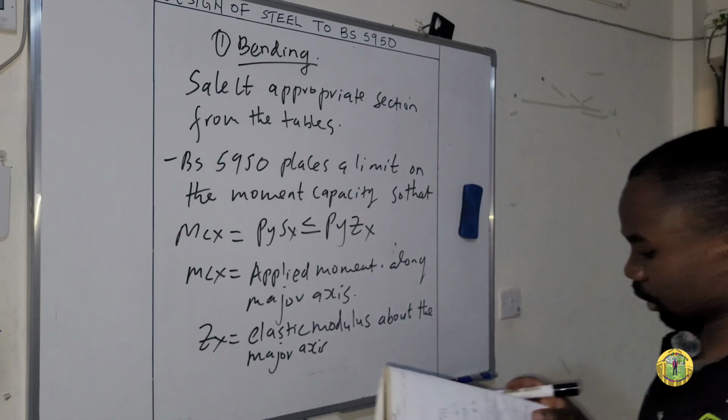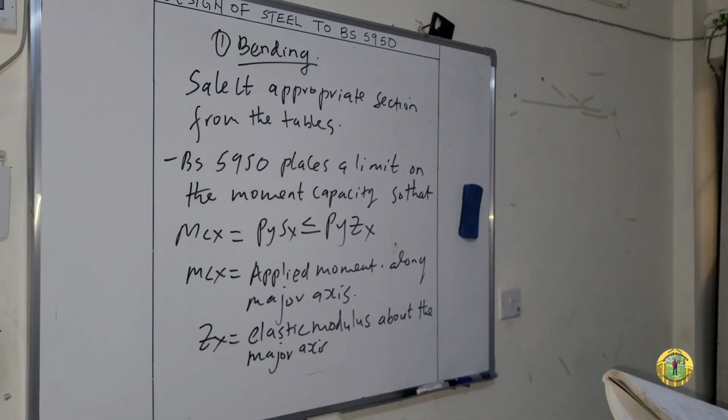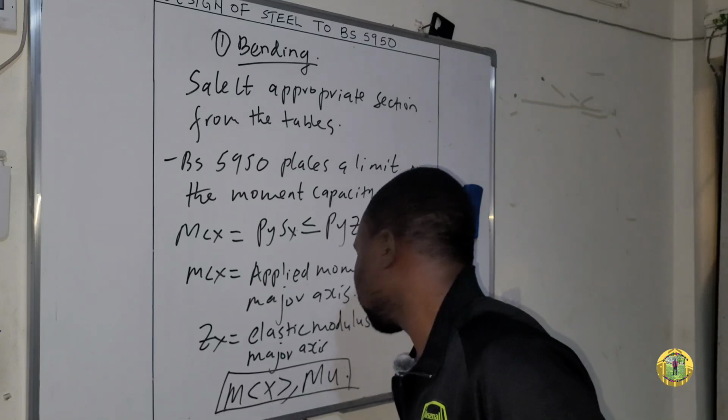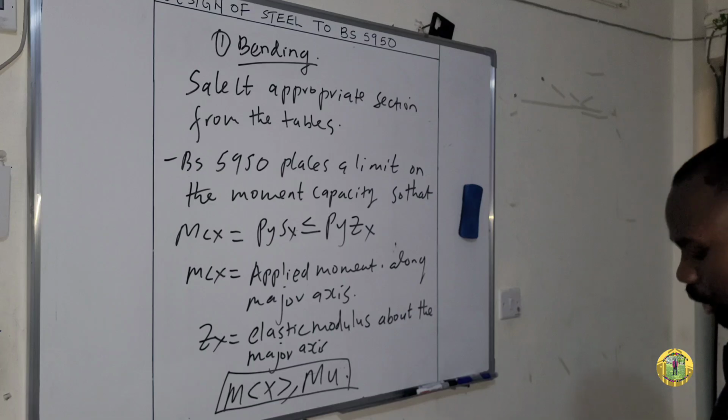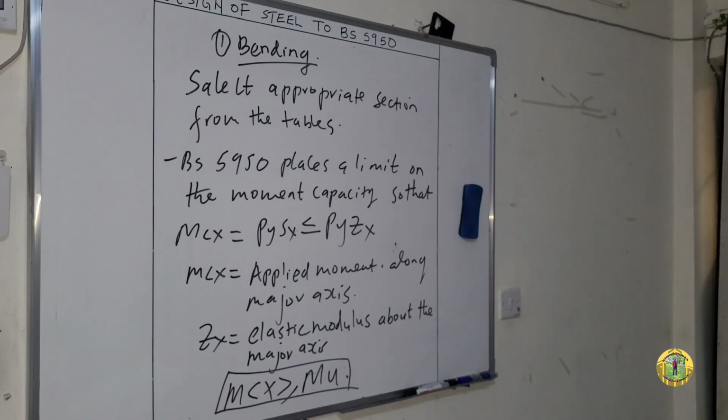So the suitability of a particular steel beam will be checked by ensuring that the moment capacity Mcx of the section is equal to or greater than the applied ultimate moment Mu. So Mcx is greater than or equal to Mu.